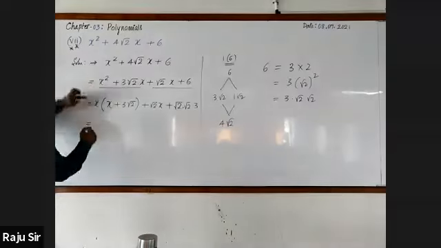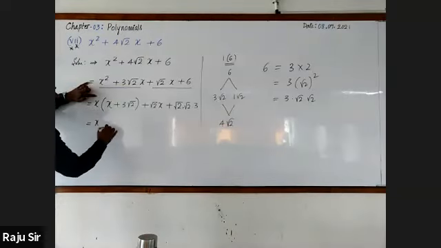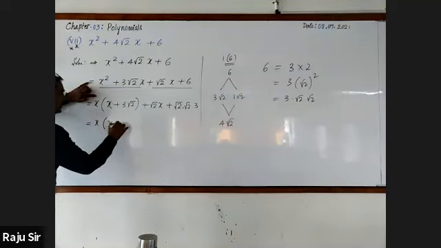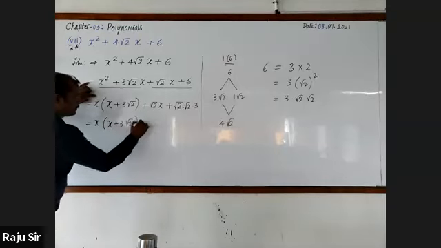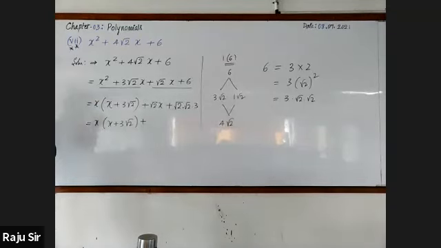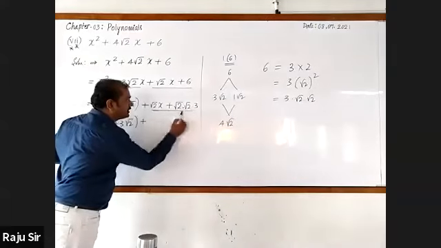Next, write this first term as x into x plus 3 into root 2 plus. Now you may observe. Could you tell what is the common factor in this? Root 2 is the common factor.